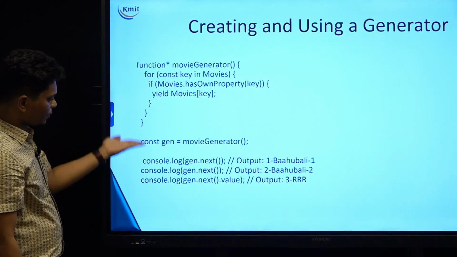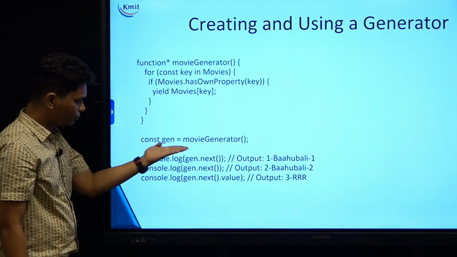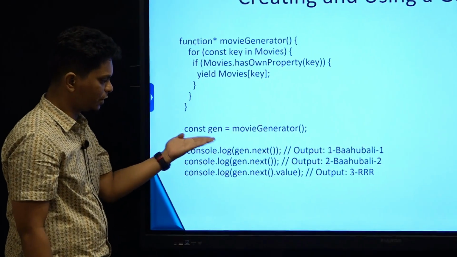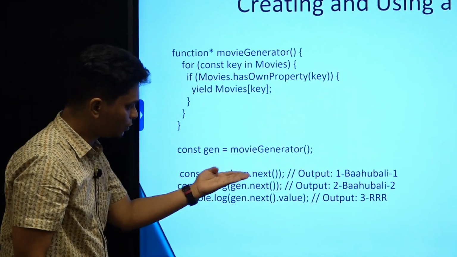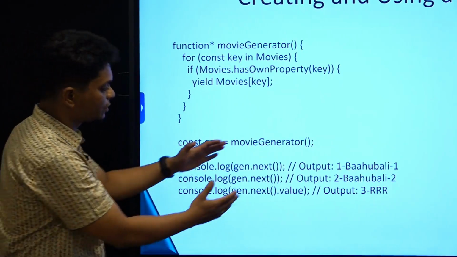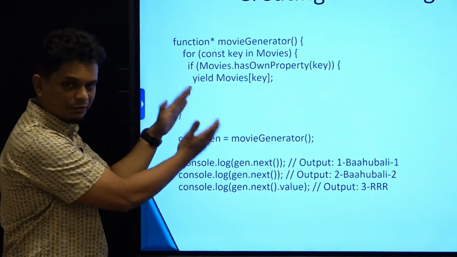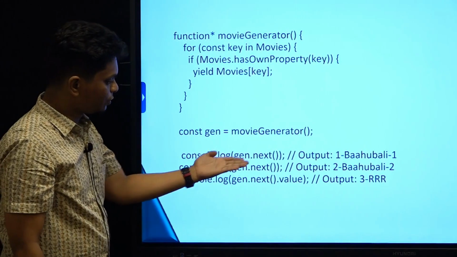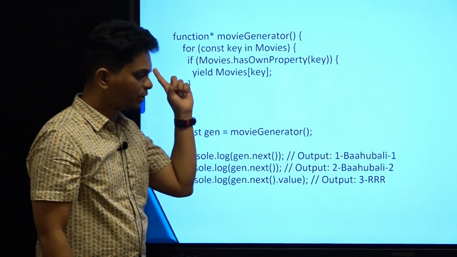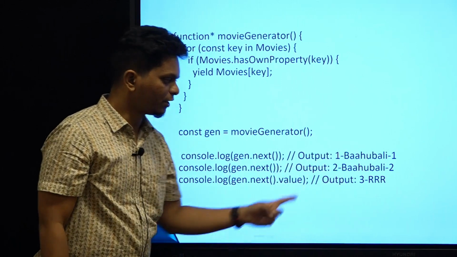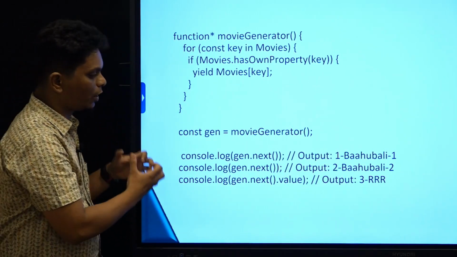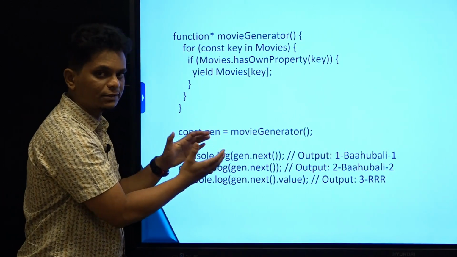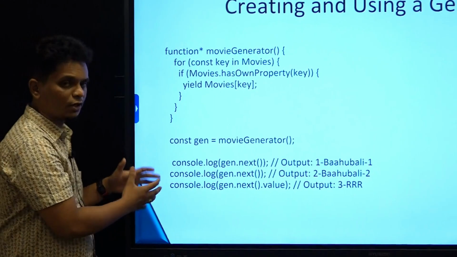Again, if you come down, we have assigned the generator method to an object called gen, and here gen.next. Please consider the same list of items from the previous example. Here I did not mention them. So gen.next, as per the array, the first value is the movie title. So how did it fetch it, and how did it exit? Let's look at how a generator works.